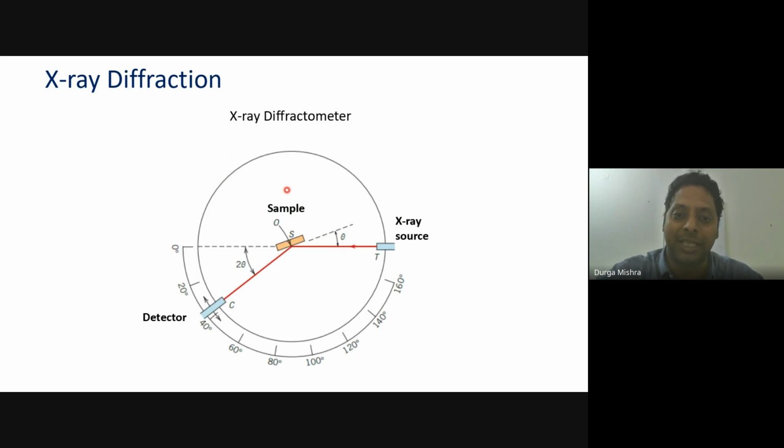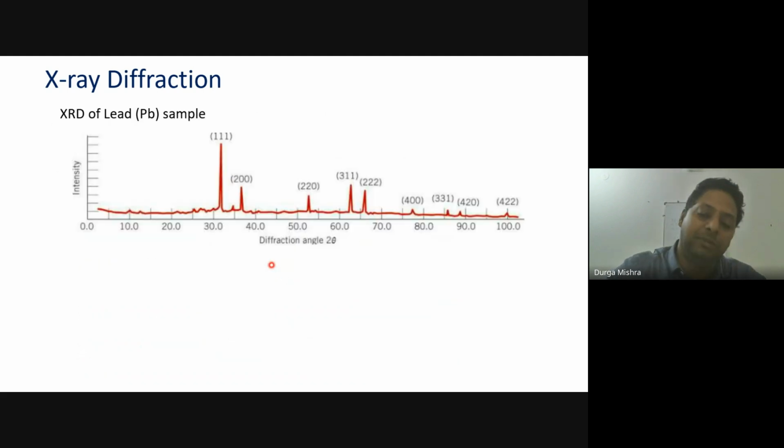So this angle is 16, and I have to put the detector at 32 so that I can capture this diffraction. If my detector is at 31 or 33, I will not see this intensity. That's why this angle is very important.